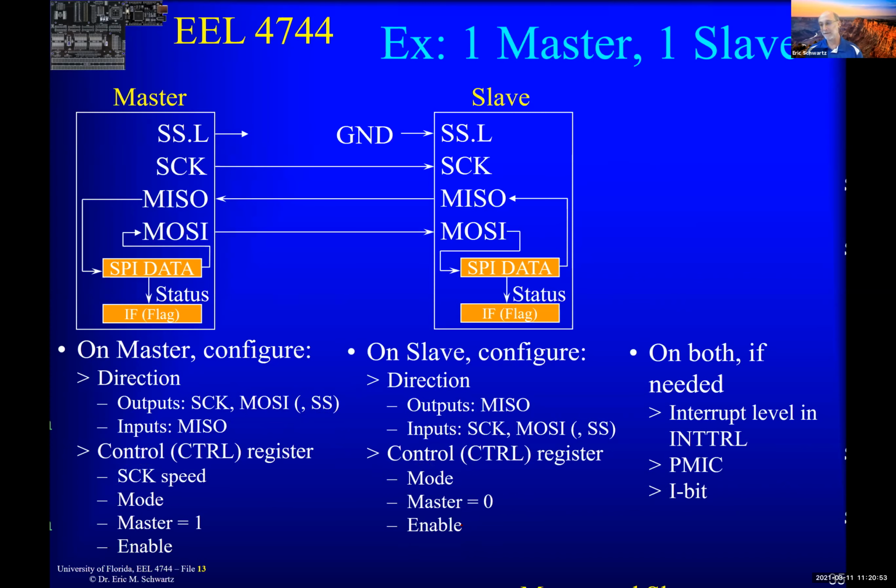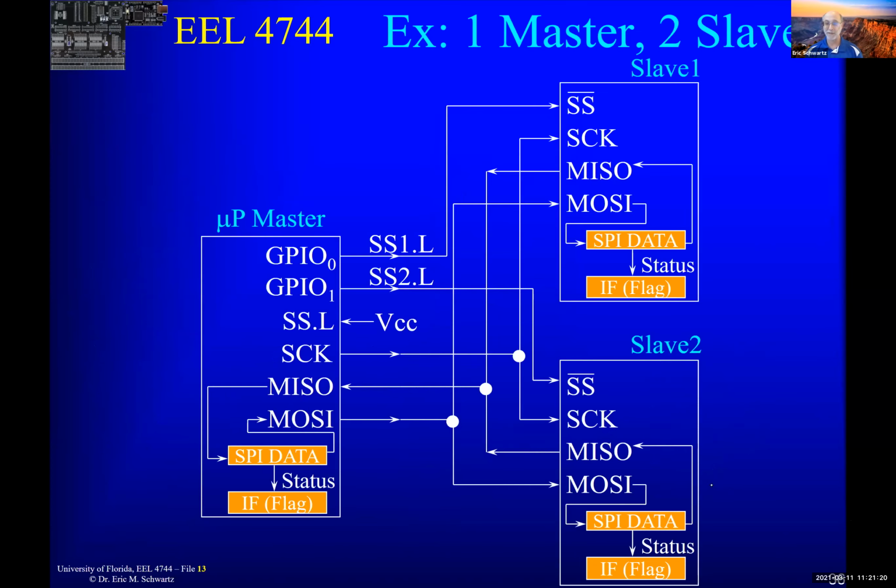It could be that in the master you have polling and in the slave you have interrupts or vice versa, but probably in both of them you at least have to deal with the interrupt control register. And if you're going to have interrupts, then you have to deal with the PMIC and also the I bit.